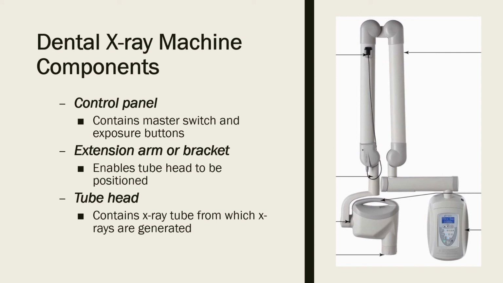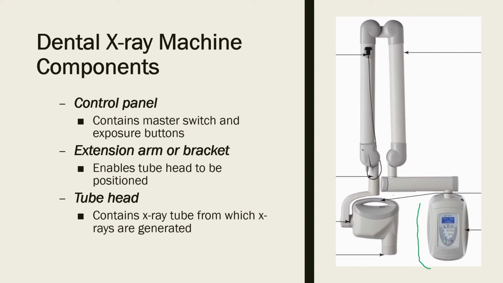The three main parts of a dental X-ray machine are the control panel. The control panel contains the regulating devices, and these regulating devices regulate the exposure time and control how much radiation is generated. This is also where electricity enters the X-ray machine.